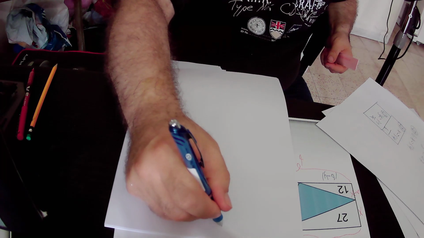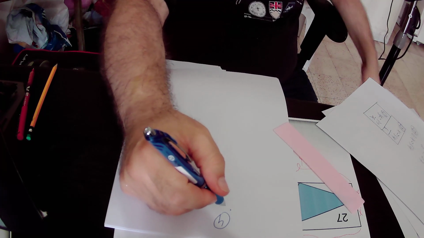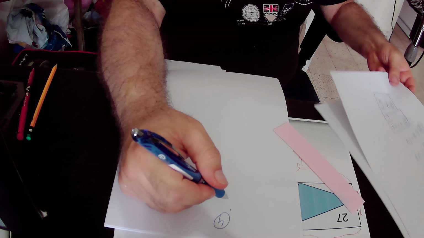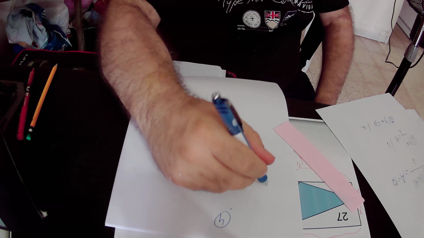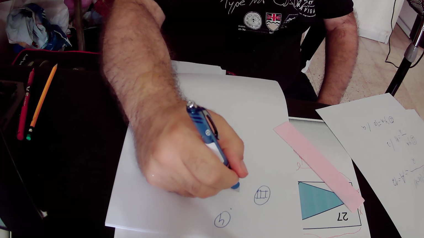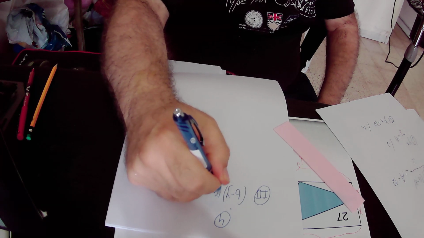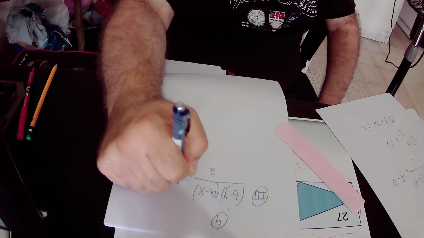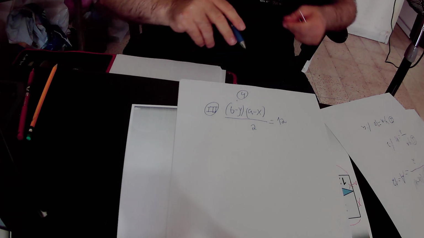Actually, our third equation is b minus y times a minus 6 divided by 2 equals 12. Okay, so this is our third equation.